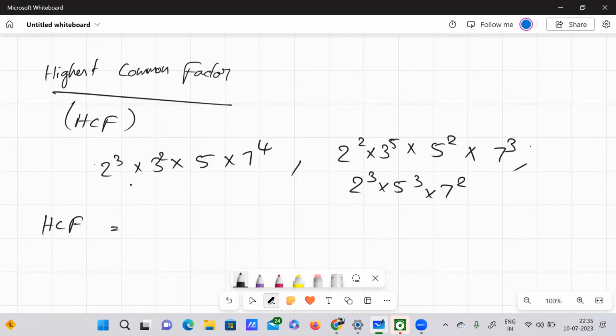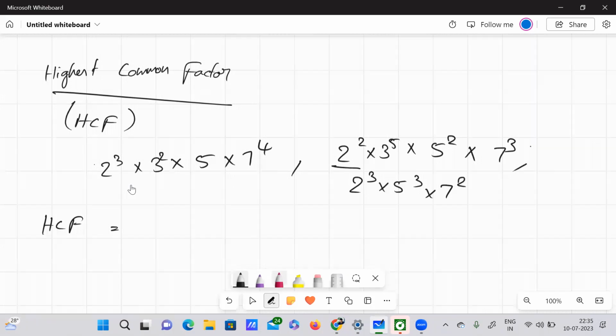Out of these three sets of numbers, we need to find the common numbers. What are the prime numbers that are actually common? For example, here the least possible power is 2 square, right? So here 2 square is the least power that we can at least expect in any of these sets.